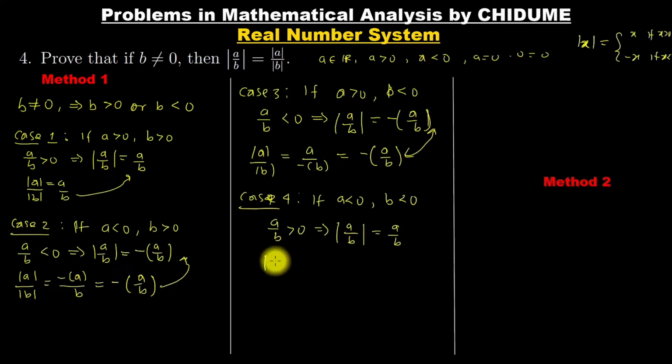And what will now happen to the absolute value of a over the absolute value of b? Since a is negative, the absolute value of a is going to be negative a, and since b is also negative, the absolute value of b is going to be negative b. Definitely this is going to give us a over b. So you can see that this is also true.